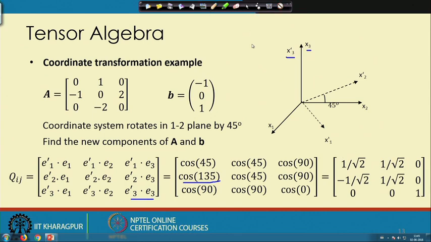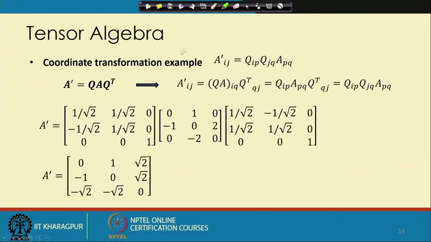Now, once we find the rotation matrix, we can transform all our quantities from the x1, x2, x3 system to the x1 prime, x2 prime, x3 prime coordinate system. So how does it look? Now this is the tensor: A prime ij is Q_ip Q_jq A_pq. If we write this in tensorial form, it looks like this.